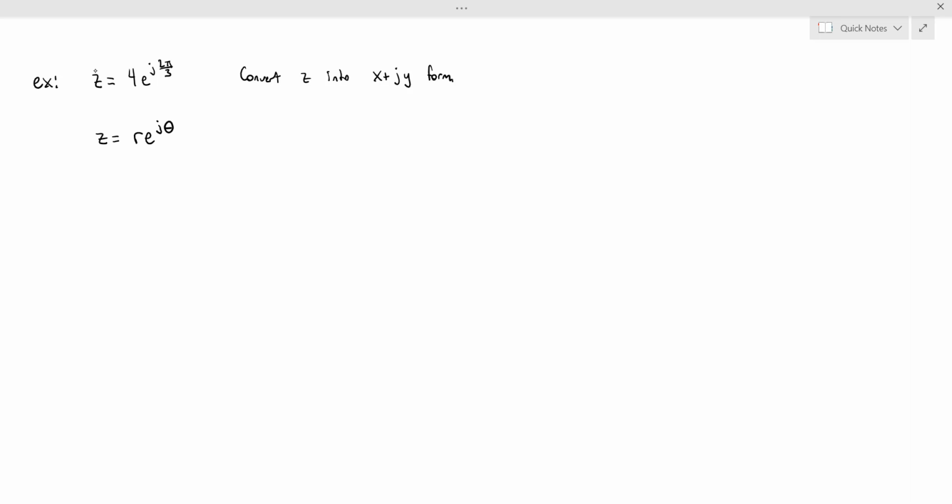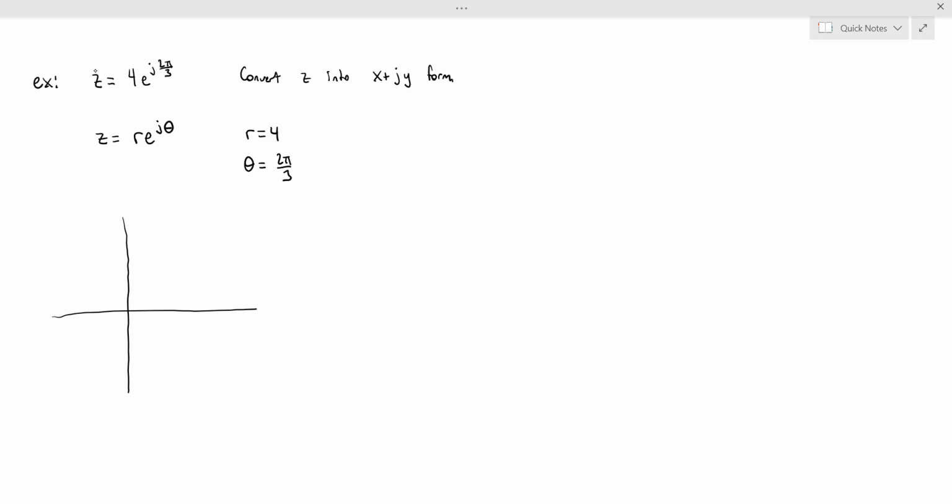So we already know the polar coordinates of this point. R is 4, theta is 2 pi over 3. Let's draw a little picture first, just to see where this complex number is in the complex plane.